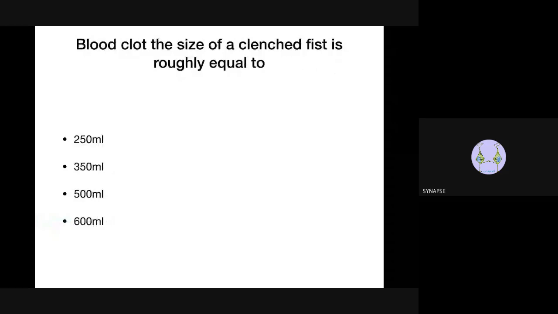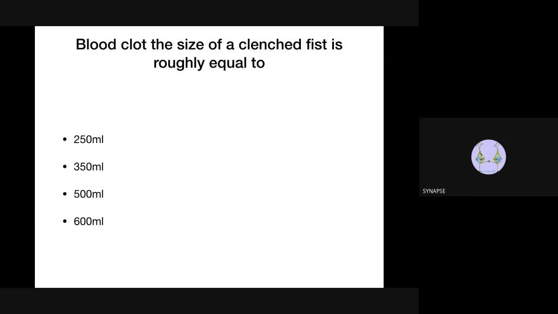Now, a blood clot the size of a clenched fist is roughly equal to? 100 ml, ma'am. 250 ml, ma'am. It is actually 500 ml. Its usage is seen more in OBG, where once your placenta delivers, you have a lot of clots coming out.